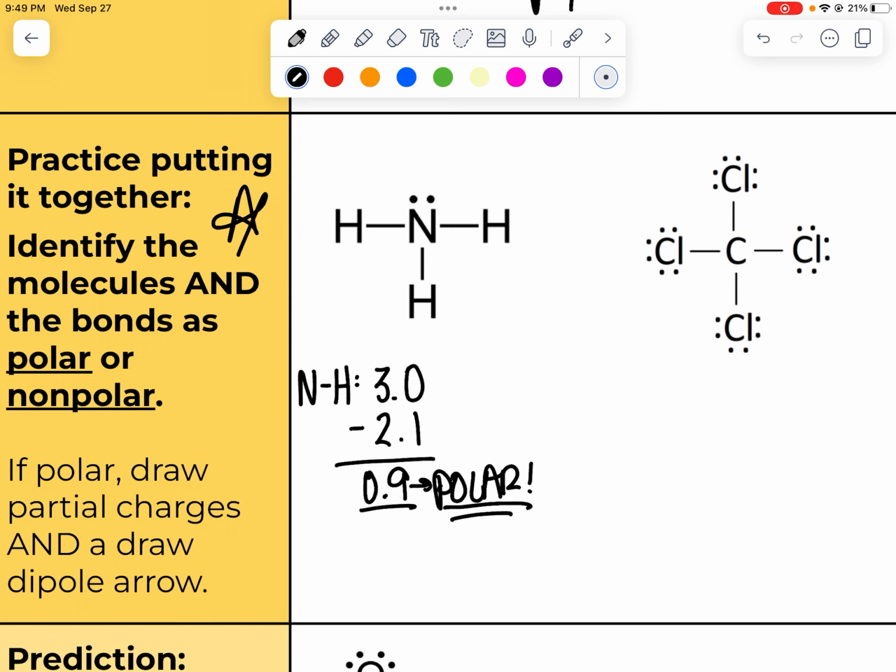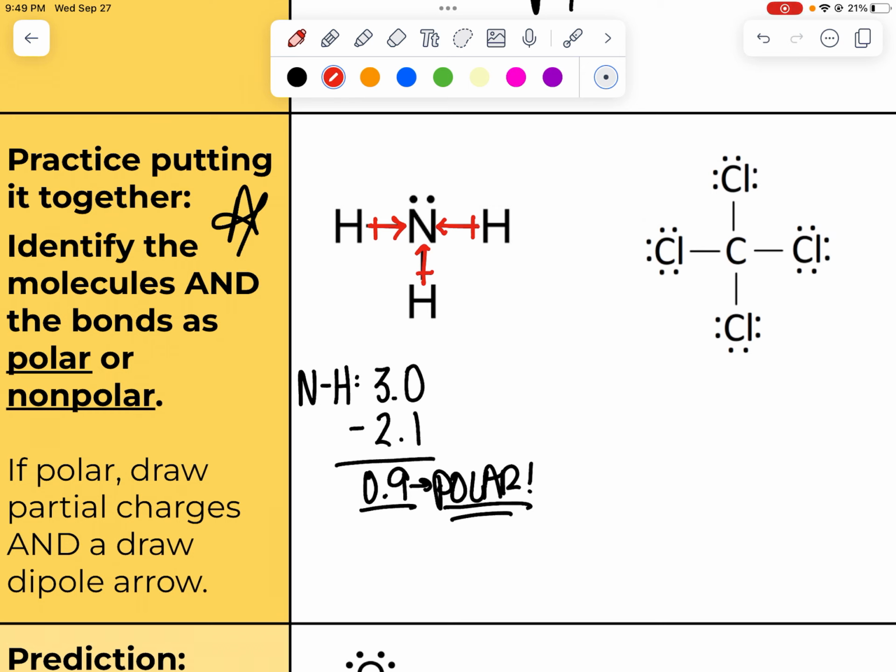How do I know which atom is more electronegative? Which one's going to grab that electron density? I look and I see, oh, nitrogen was 3.0. That one's clearly greater. So this is going to be the one that pulls electron density towards it, leaving hydrogen to have that partial positive charge in each of these bonds.